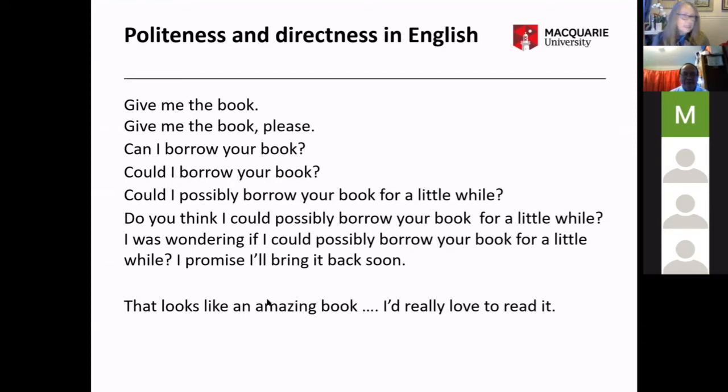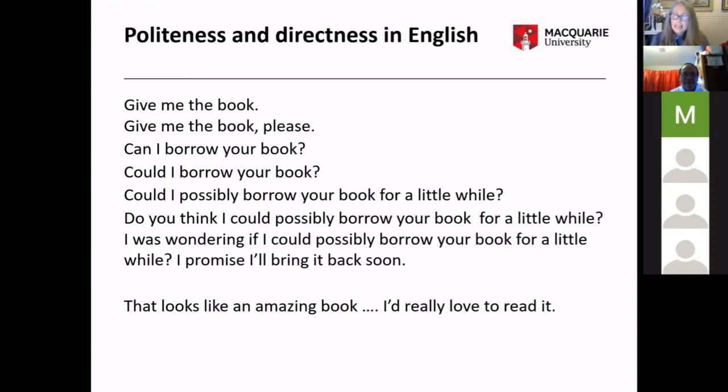And sometimes there's even an indirect hint where you don't actually say what you're thinking. You don't really make a request at all. You just make a statement of some other kind and hope that the person will notice what it is that you mean and infer your meaning.